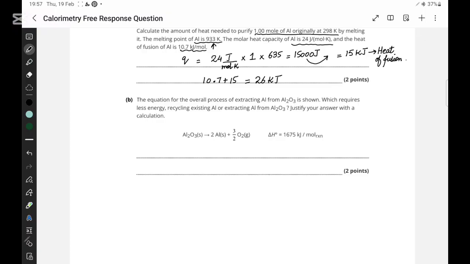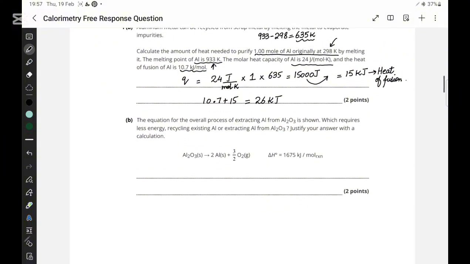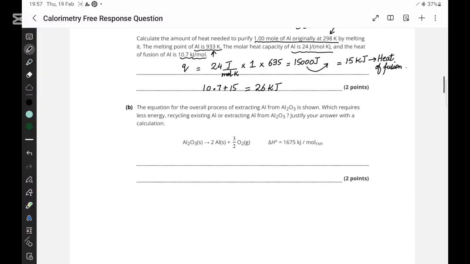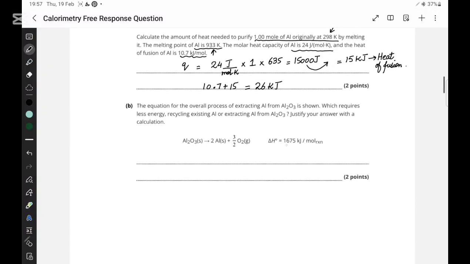The equation for the overall process of extracting aluminium from aluminium oxide is shown. Which requires less energy: recycling existing aluminium or extracting aluminium from aluminium oxide? You can see this enthalpy change is for 2 moles of aluminium, 1675 kilojoules.